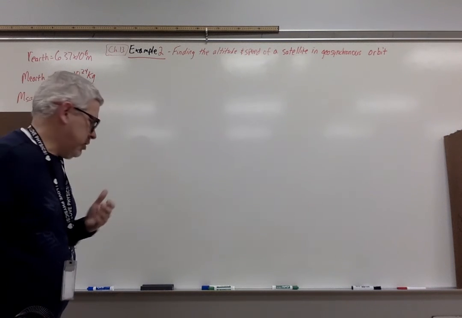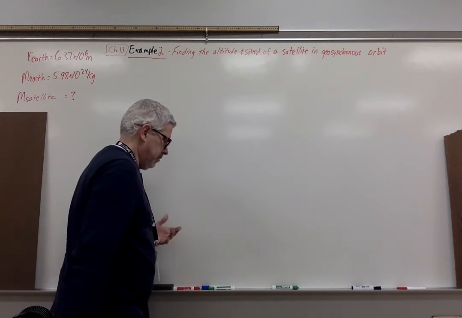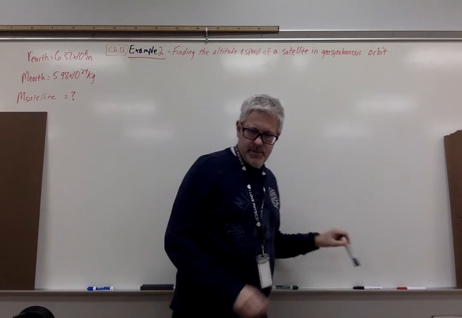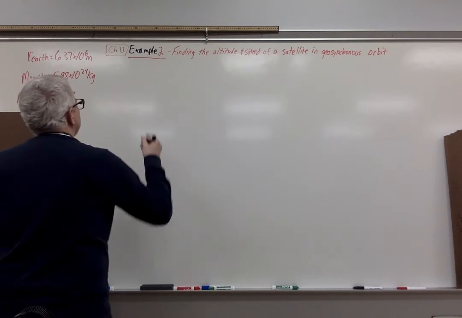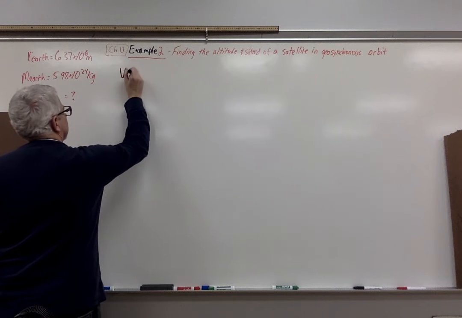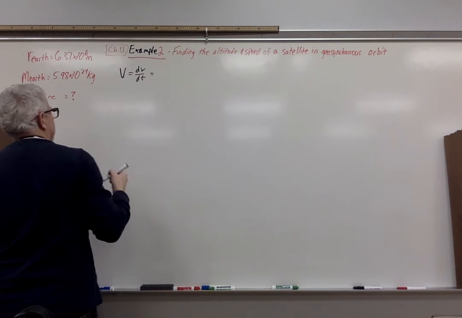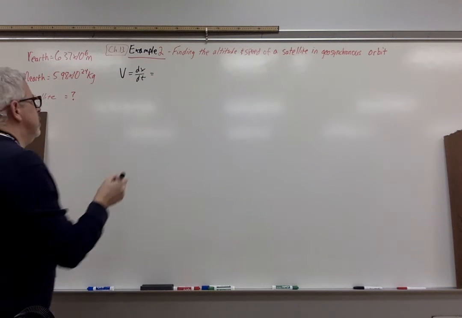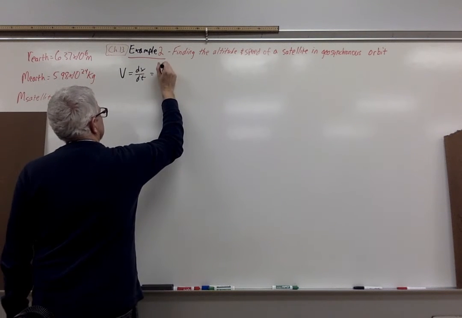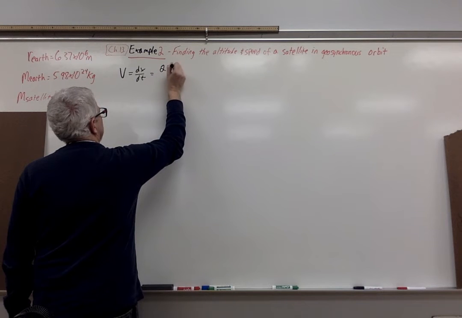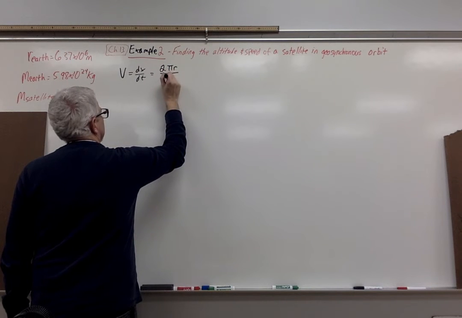Okay, so things to think about first off, I know that v is equal to dx/dt in general. And for an object in circular motion, we're going to say that's 2 pi r over T.